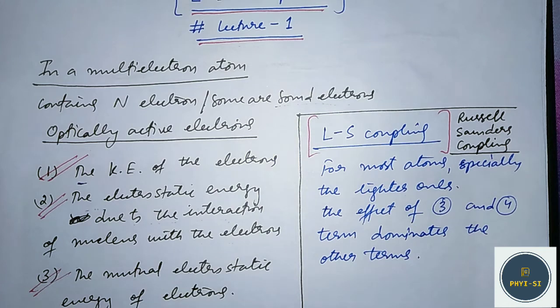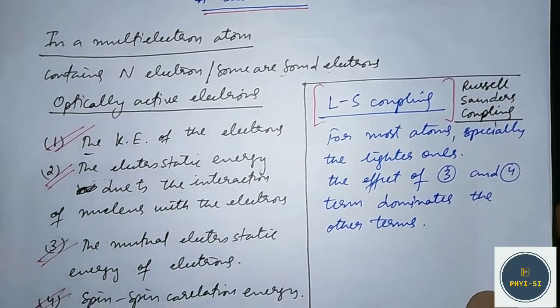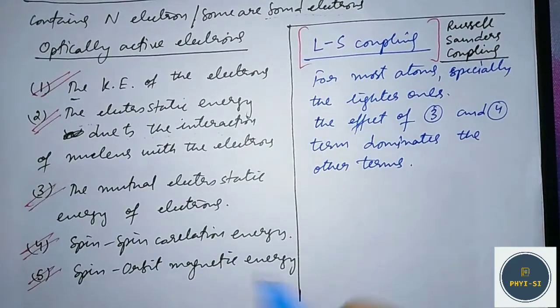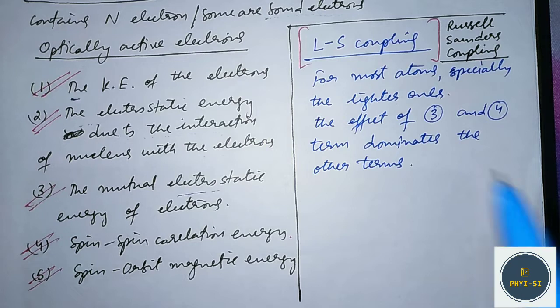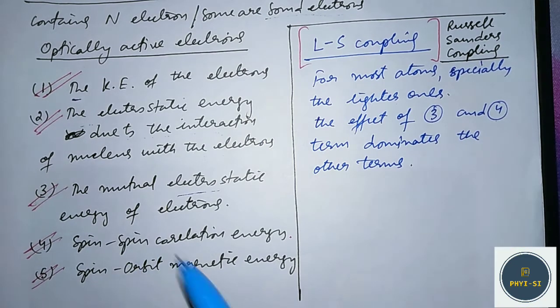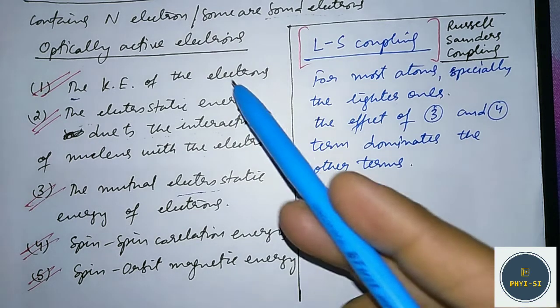In these types of atoms, the third term, the mutual electrostatic energy of the electrons, and then the fourth term, the spin-spin correlation energy term, dominate over the rest of the terms.